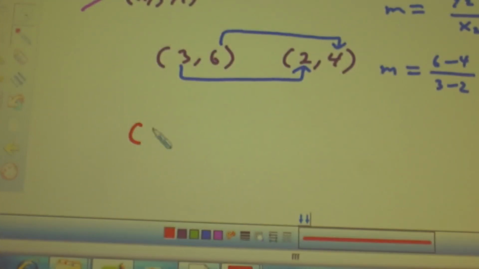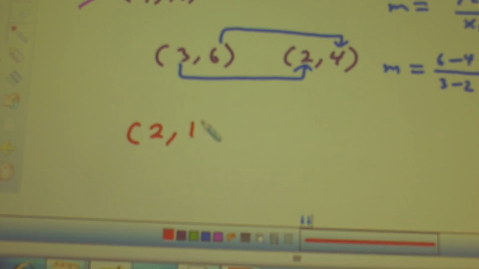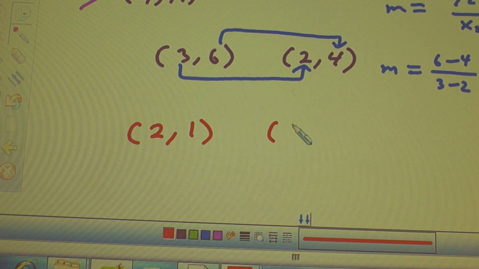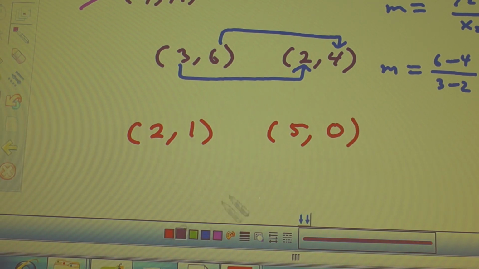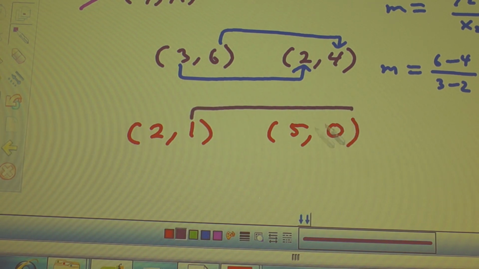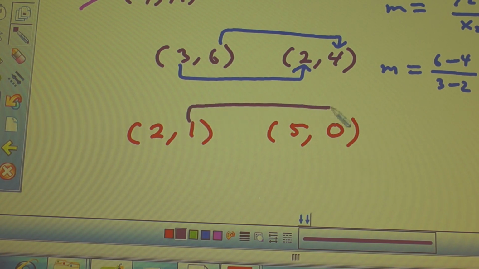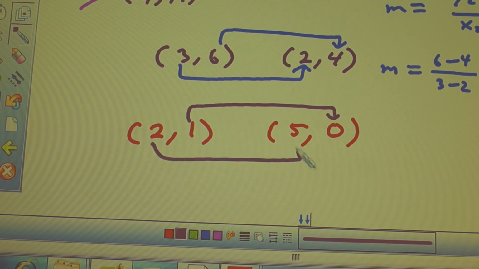Here's an example. 2, comma 1 and say 5, comma 0. So my y's, I could do this way, then I have to do that way.